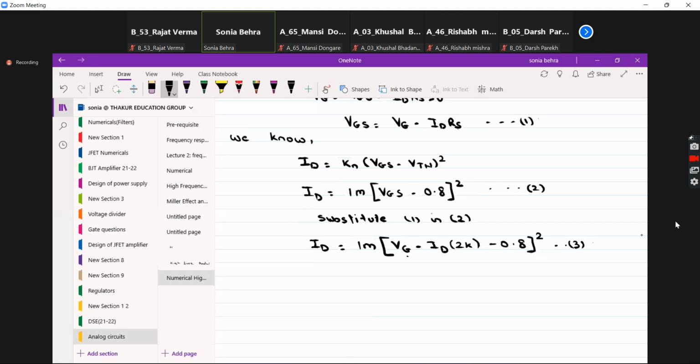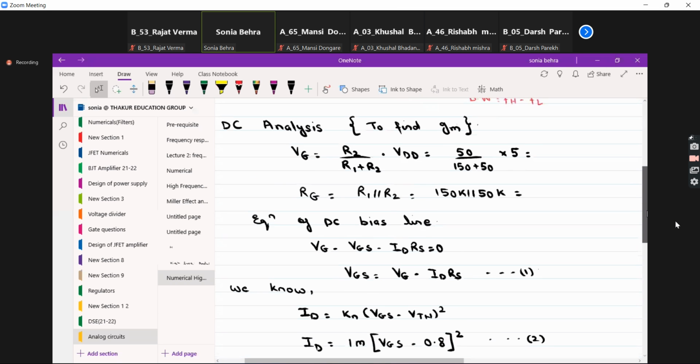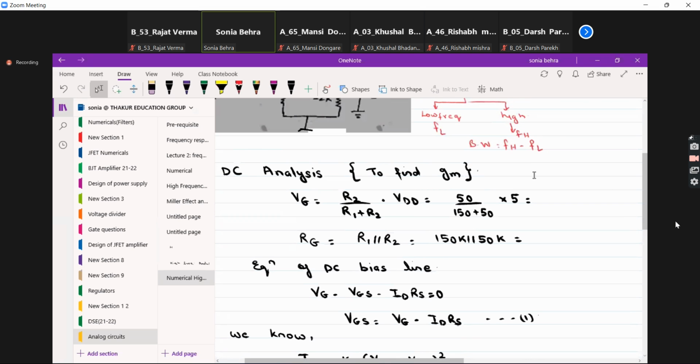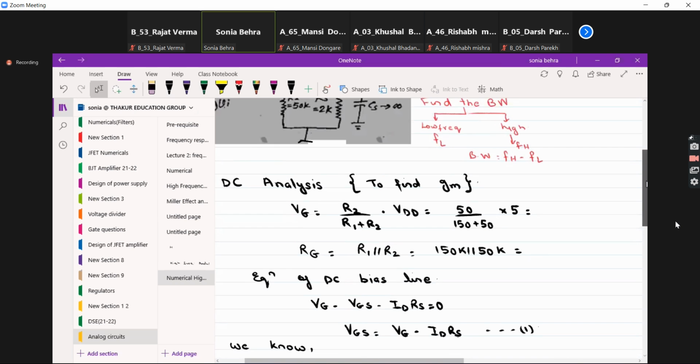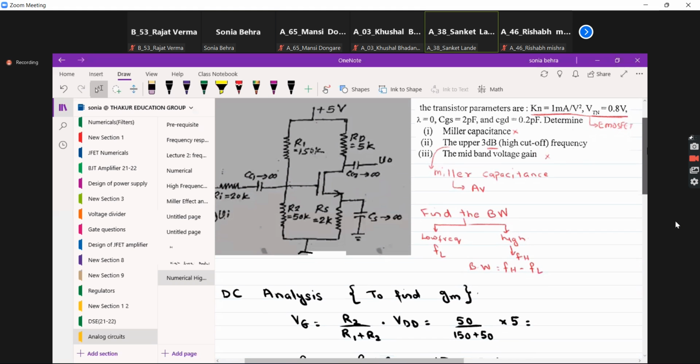So till equation 3, I want you to solve it. Solve, give me the value of VG and RG. Do it fast. You can note down the question. Take 5 minutes to note down the question.